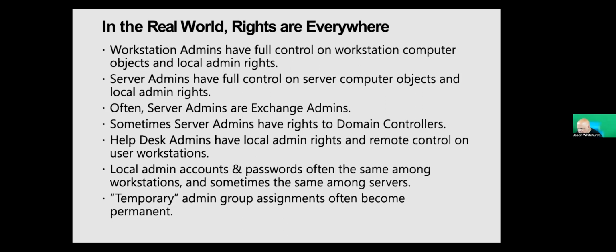When we create these temporary admin groups, they're often permanent. When we create a user escalation to solve a problem, it's usually left as permanent. You have business owners who say, I own a company, I'm gonna run as an admin. So you've got to try to deal with that the best way you can.